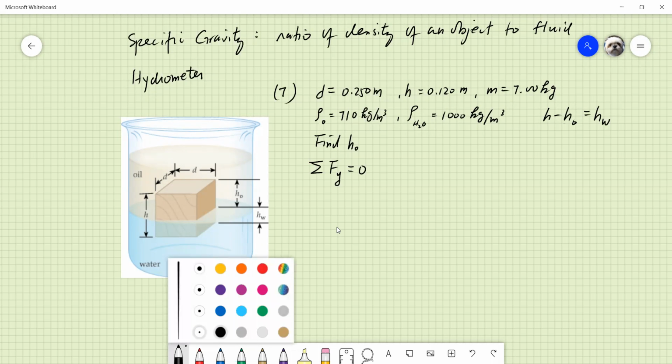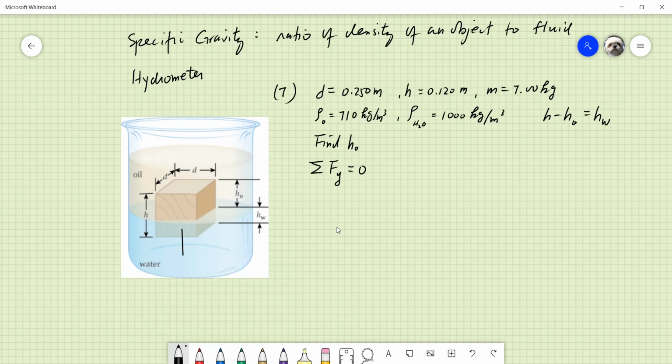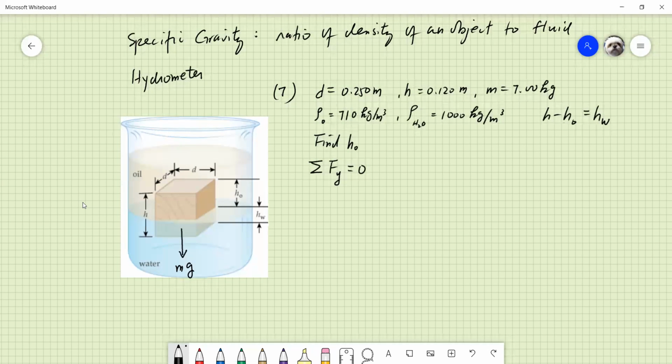First, I have the force of the weight, which is mg. Now I have the buoyancy force. How many buoyancy forces do we have here? Two, right? One is from the oil, one is from the water.